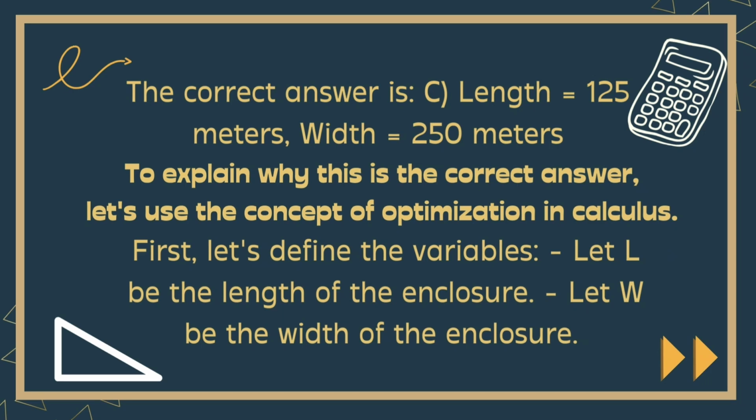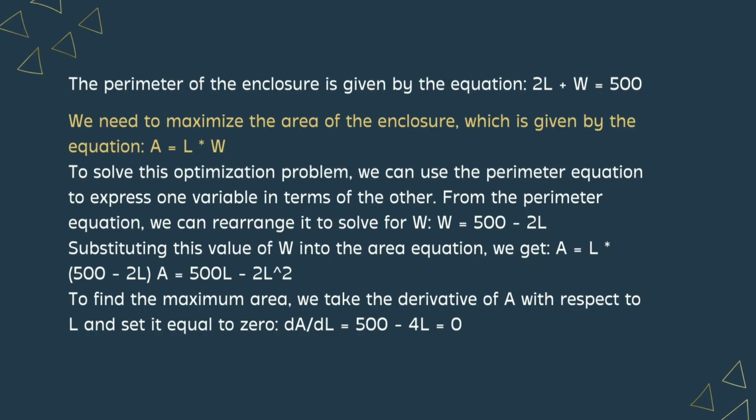To explain why this is the correct answer, let's use the concept of optimization in calculus. First, let's define the variables. Let L be the length of the enclosure, let W be the width of the enclosure. The perimeter of the enclosure is given by the equation 2L plus W is equal to 500.